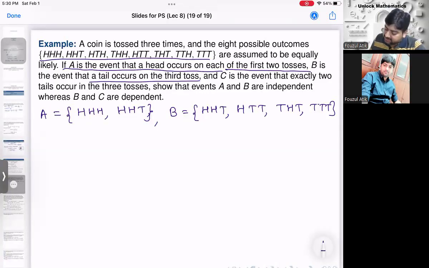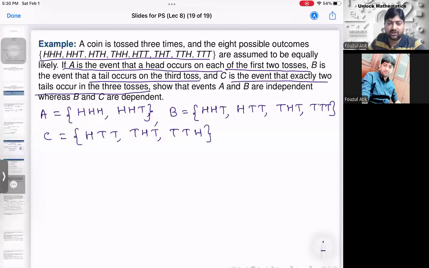And what is the event C? It is the event that exactly two tails occur in the three tosses. So what is the event C then? It is HTT, then THT and TTH, where exactly two tails occur. Right? Now let us see the probability of A, B and A intersection B. What is A intersection B?